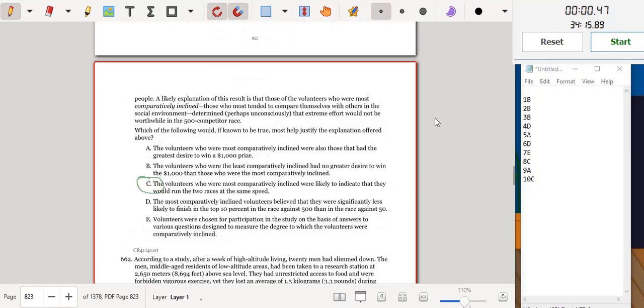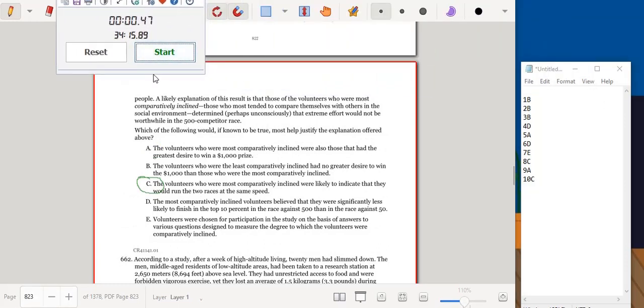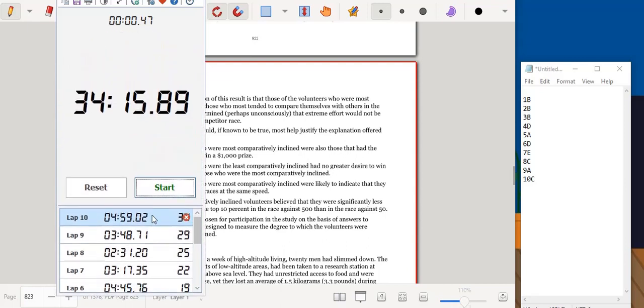Okay, let me see the answers, but before that just let me check how much time I took for each question. 2 minutes 49 seconds, 2:23, then 3:56, very bad, 2:48, 4:45, no, 2:30.